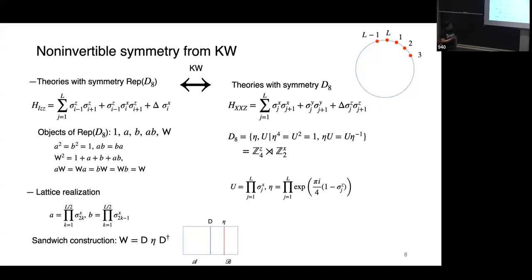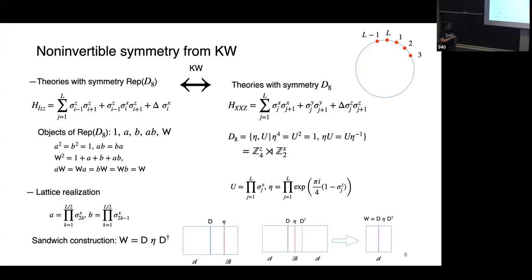To understand this, we have a non-invertible duality transformation that maps from theory A to theory B. Here are these two models. And in theory B, there are invertible lines we label by eta, which are the Z4 lines.